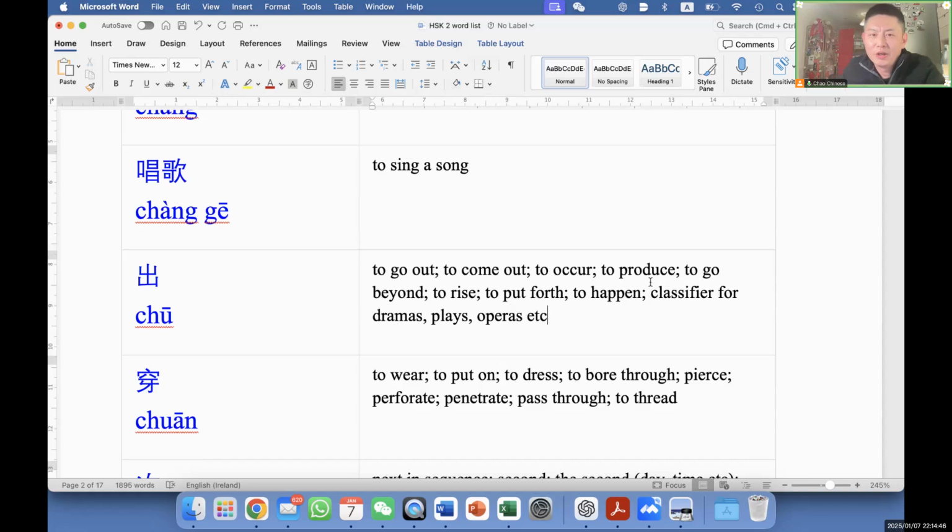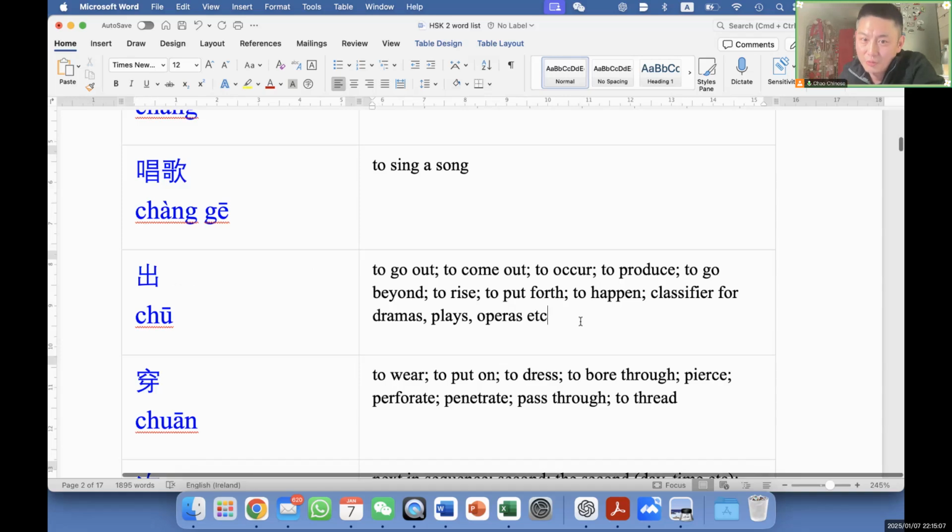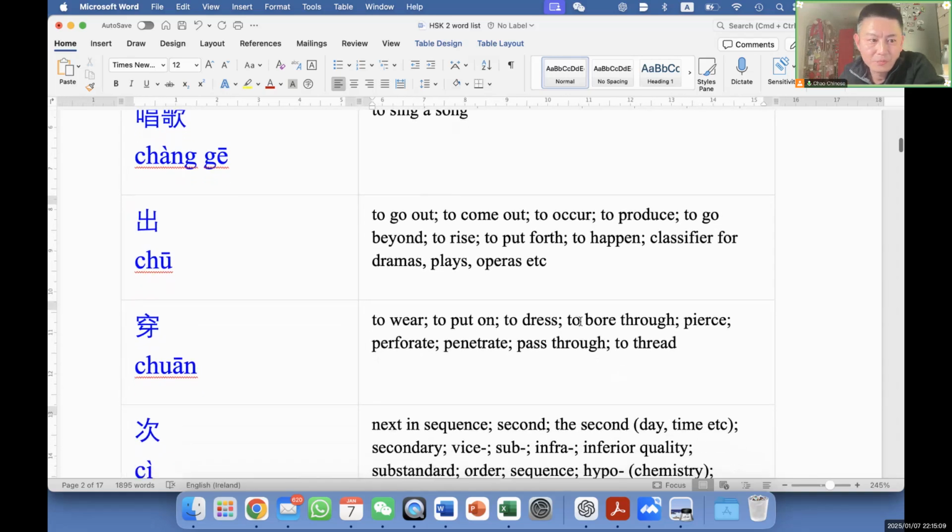That's actually quite vivid. If you look at this Chinese character, you see like two mountains, right? Because when you go out, especially in ancient times, when you go out of your house, go other places, you cross the mountains, you go very far away. I think that is the origin of this Chinese character.